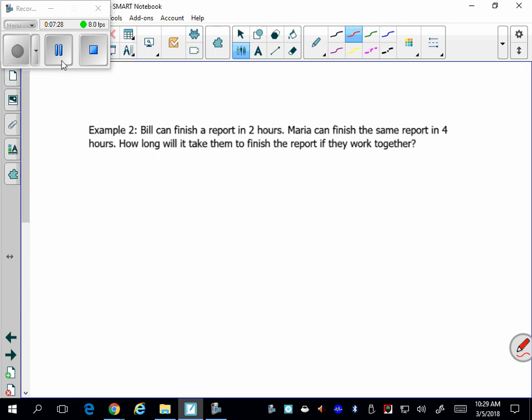This problem is actually pretty similar to the last one. Instead of distance, we have amount of work being done equals rate times time. So whatever rate you're working at times the time is the amount of work you're going to get done. So we have 2 scenarios here. We have Bill, how much work he can do, and we have Maria. So we have Bill.